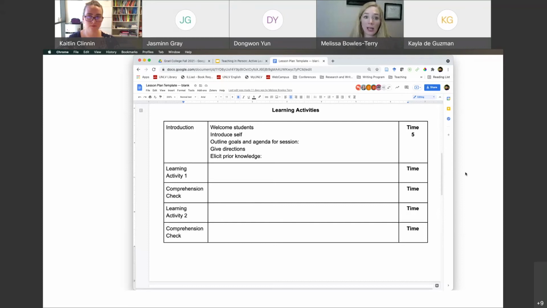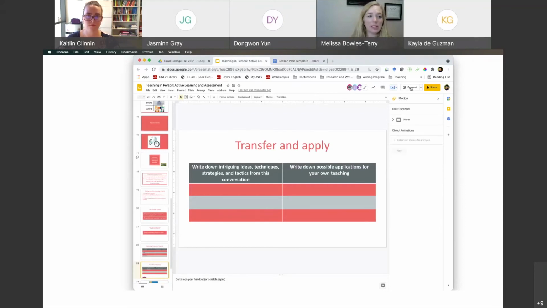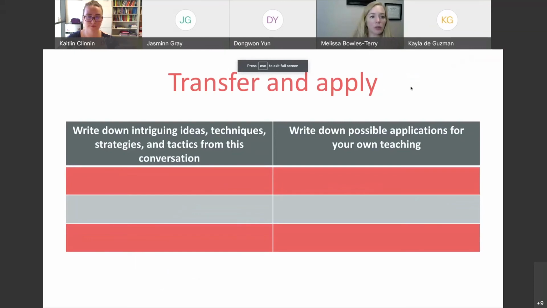For transfer and apply, you really want students to take that away. And so for your own check-in and assessment to see if that worked out, you might just ask for a few examples. Did anyone have an application that you want to share, something that you've heard today or last time that you think, oh, I'm going to try this?